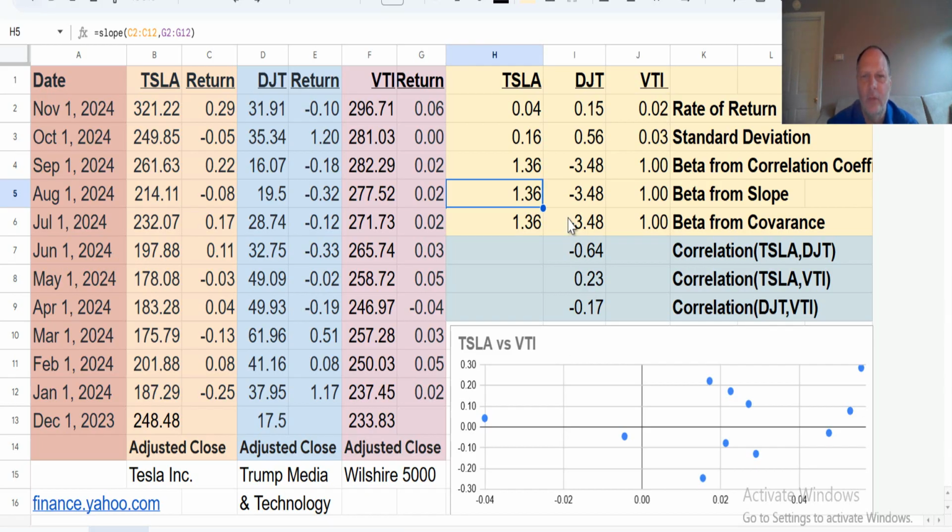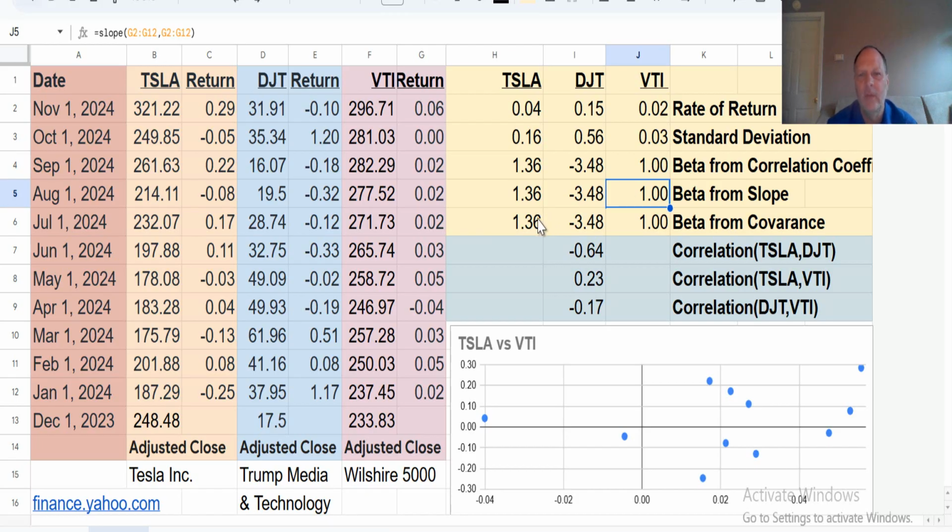Doing the same thing for Donald J. Trump, which has a negative slope, very unusual. It is anti-correlated with the broader stock market at minus 3.48. And again, for VTI, the slope of itself with itself is in fact 1.